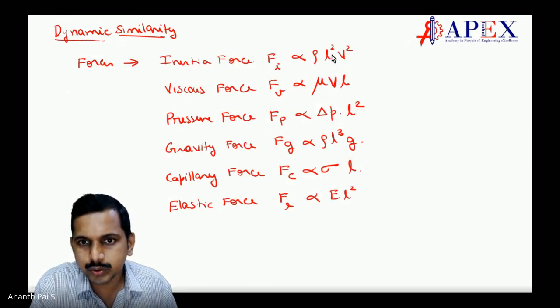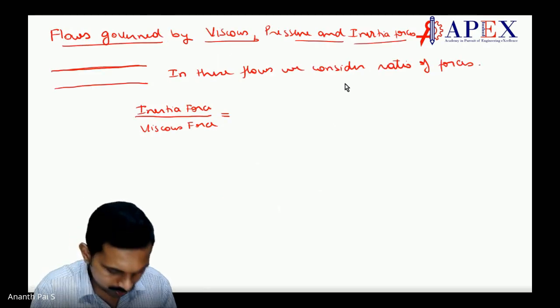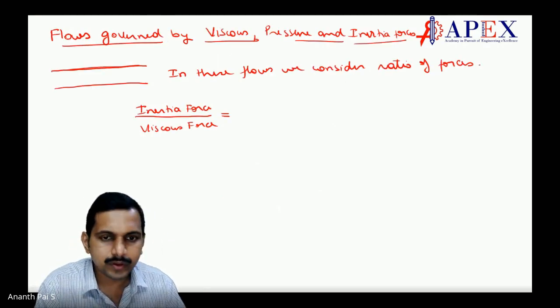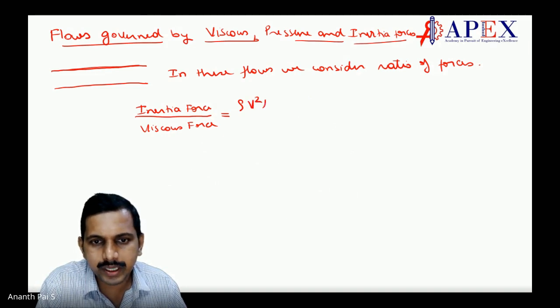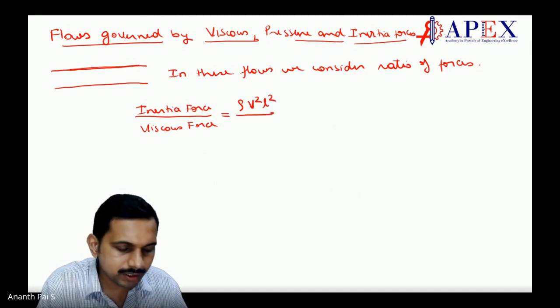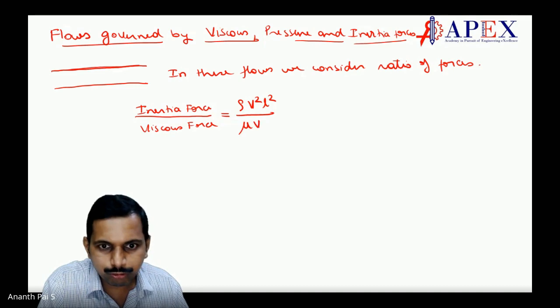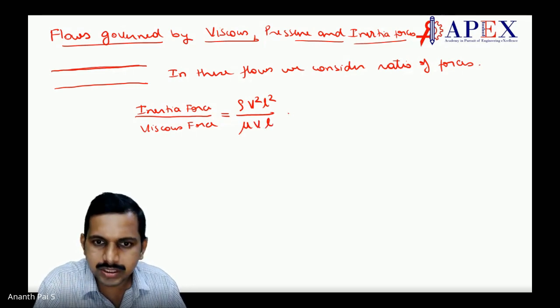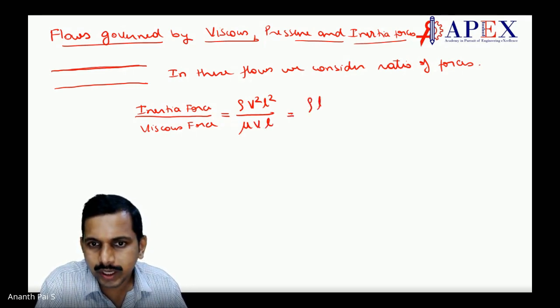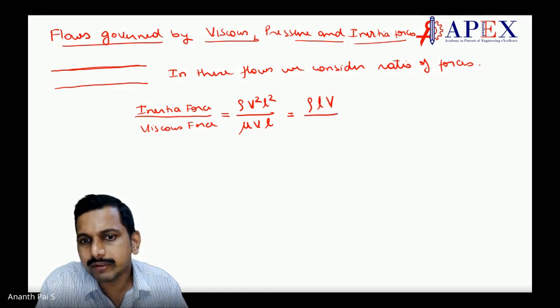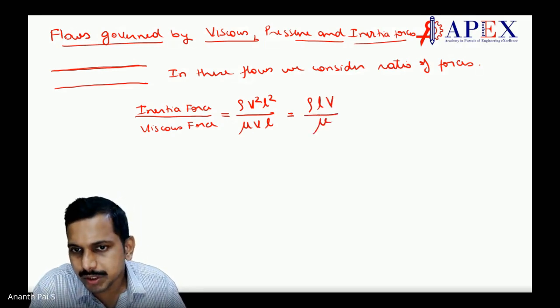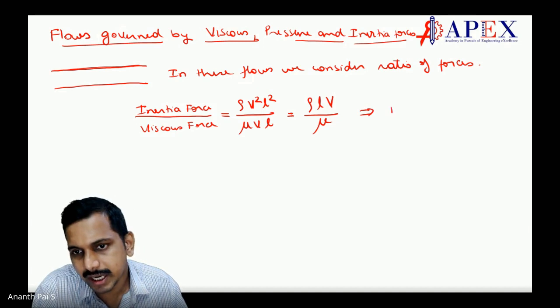Inertia force is rho L square V square. Viscous force is mu V L. So here we can have rho V square L square divided by mu V L, so this comes out to be rho L V divided by mu. And we know, students, what this is. This is Reynolds number.